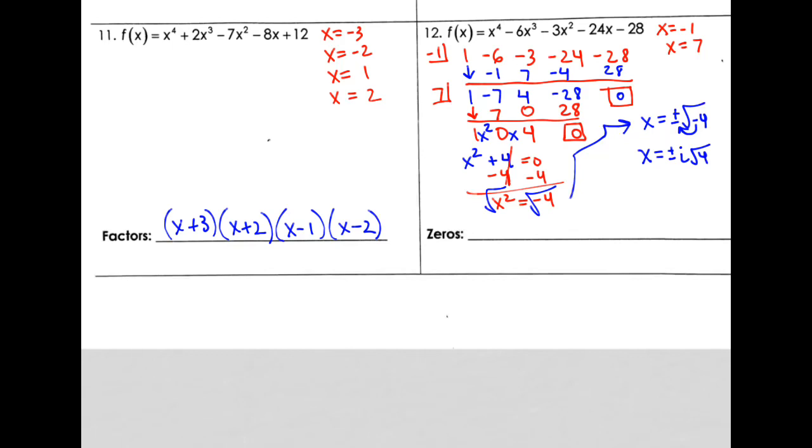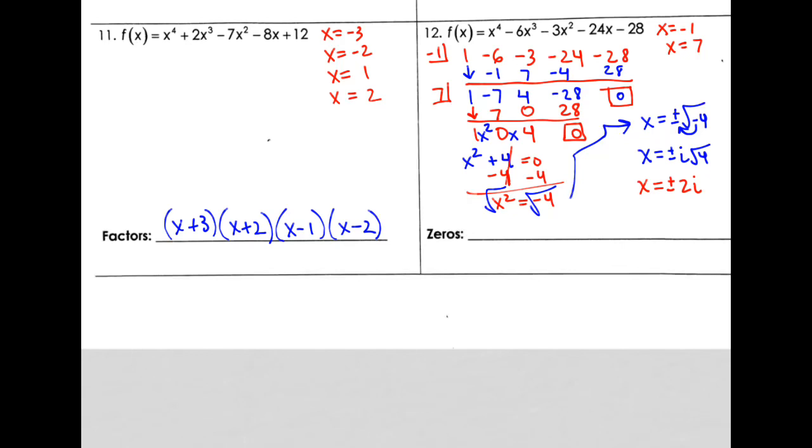Last thing to remember here is it's real before imaginary. And so it'll be plus or minus 2i, because the square root of 4 is 2.